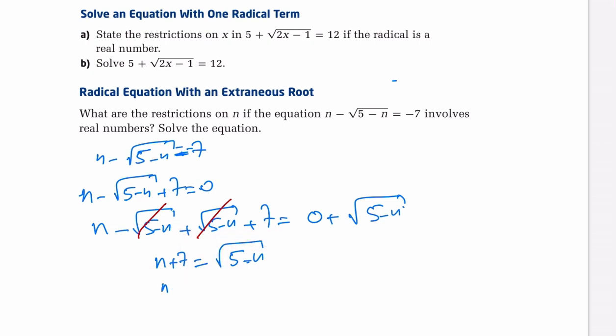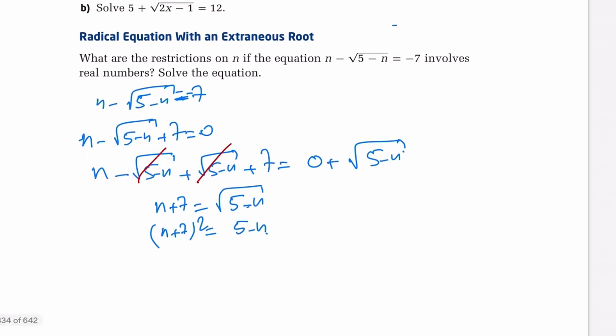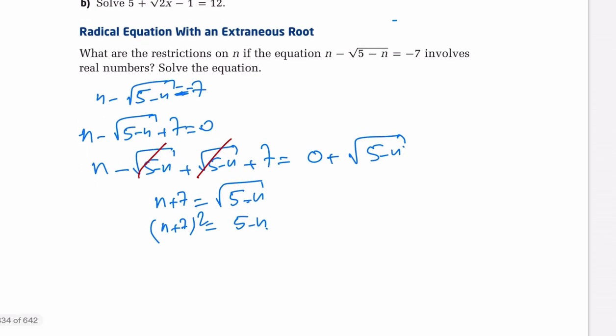N plus 7 squared is equal to 5 minus n, which means that n squared plus 14n plus 49 is equal to 5 minus n, and this will give me n squared plus 15n plus 44 is equal to 0.